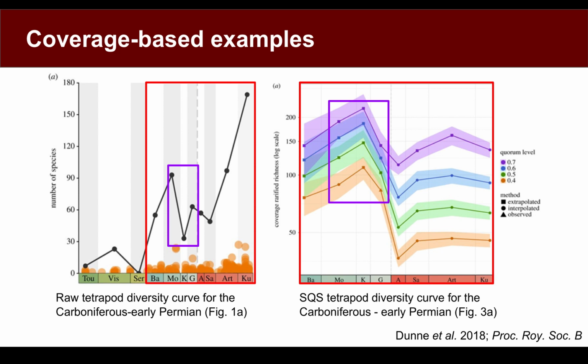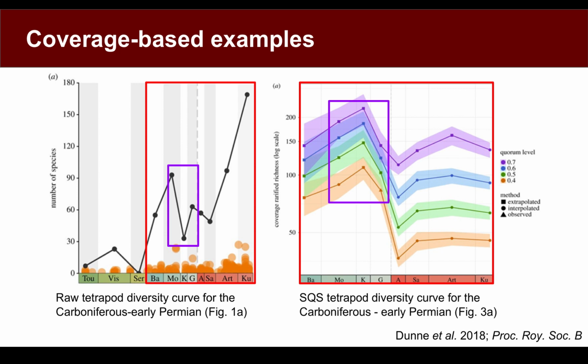It's a paper by Emma Dunne and colleagues in Proceedings B. The red boxes here are the same time window, and the blue box shows on the left here a collapse associated with a rainforest collapse going from this Carboniferous to Permian transition that in the raw data seems to also show a collapse in tetrapod diversity.